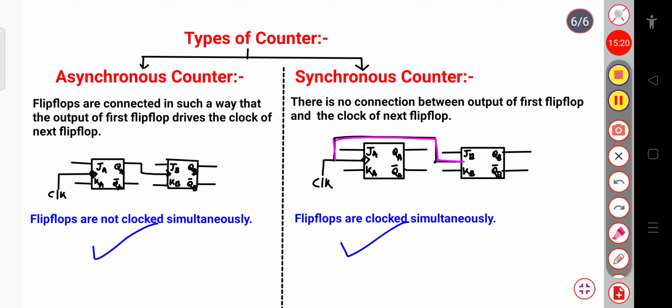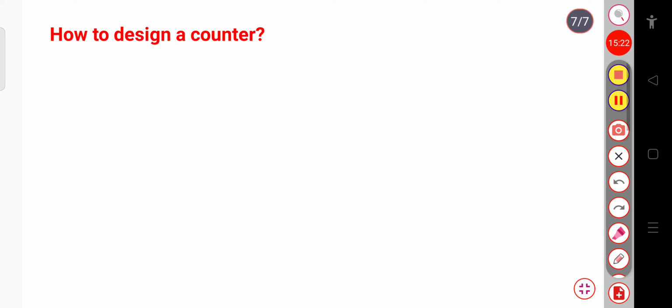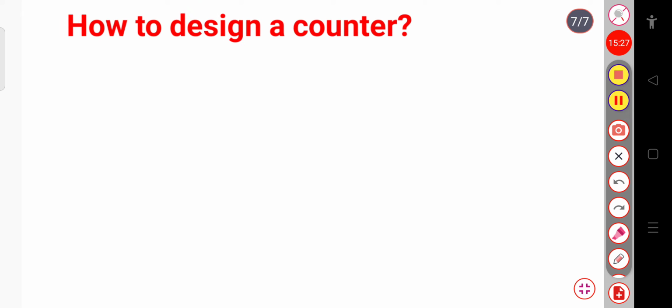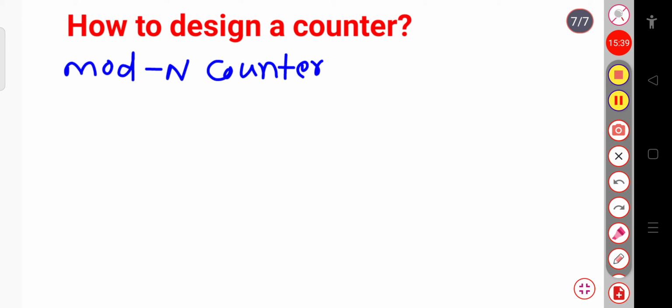Okay, now we will see how to design a counter. Suppose it is a mod N counter that we want to design. To design a mod N counter, N means the number of counts.